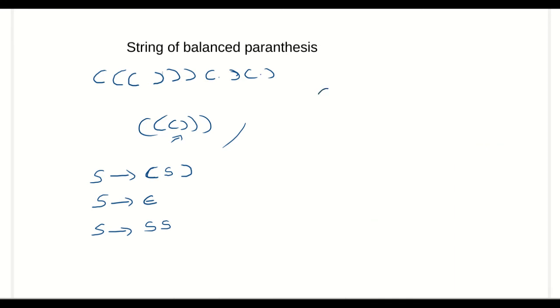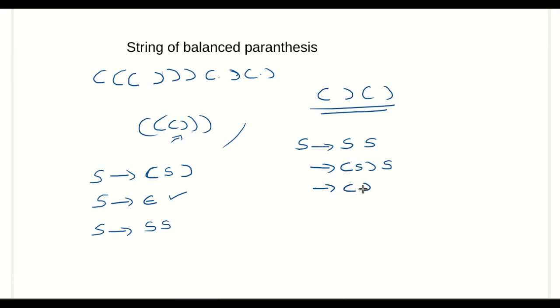Now this string can be generated as S gives SS. Okay, and replace this first S with this production. Now replace this S with this production S gives epsilon, so we will get it like this.